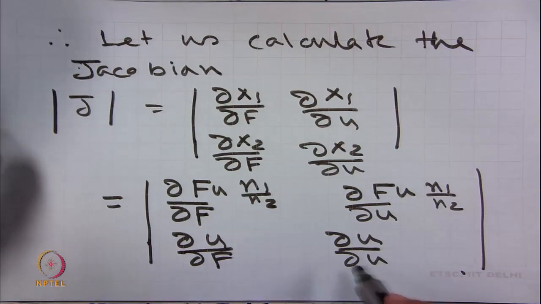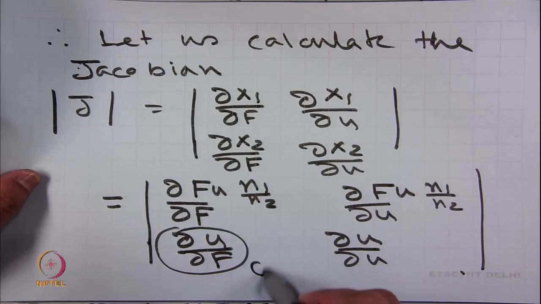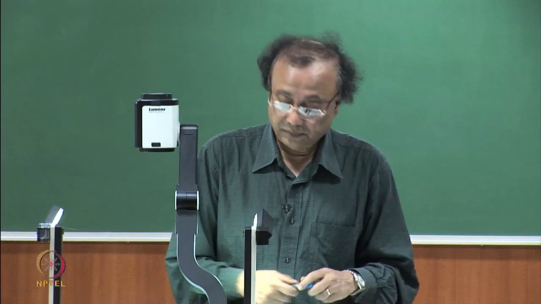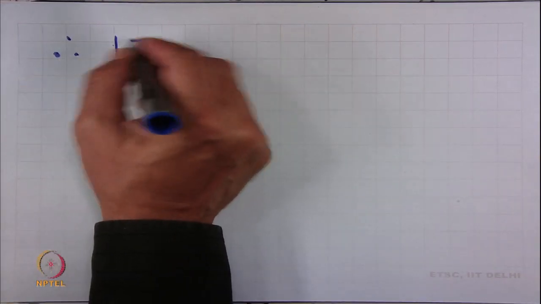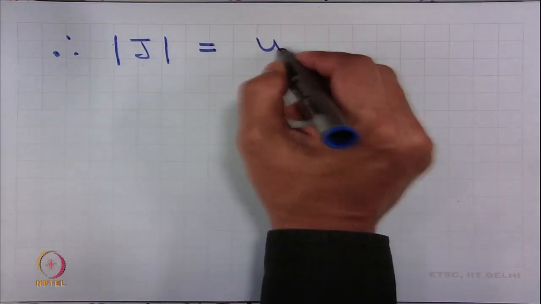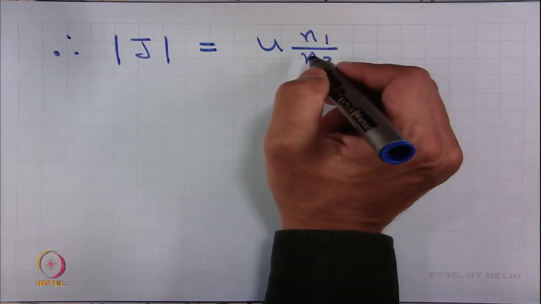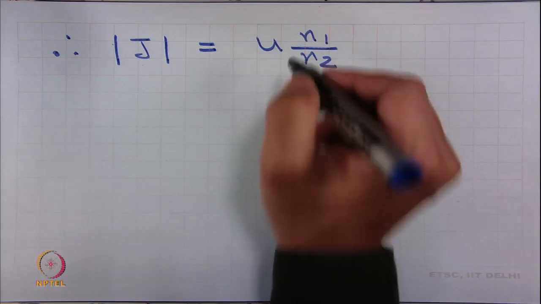Now, we can see that this is going to be 0. The Jacobian is u n1 upon n2.